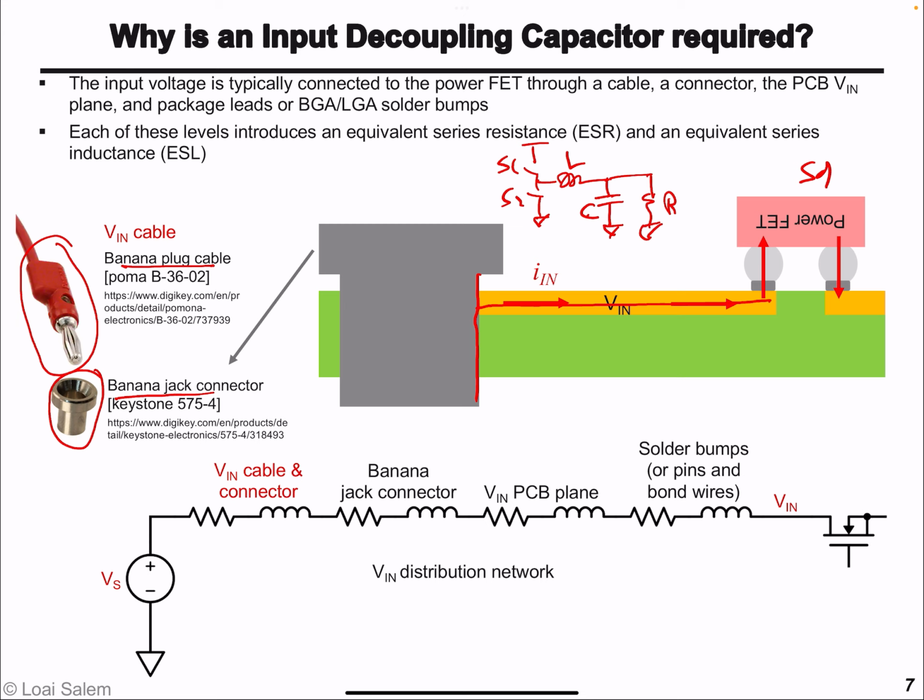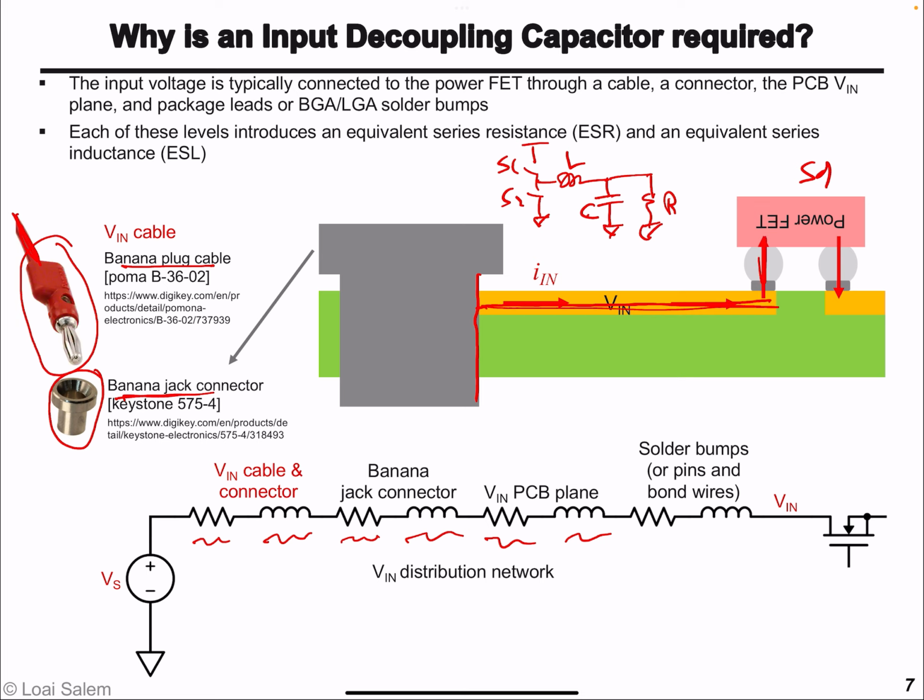The banana cable introduces equivalent series resistance as well as equivalent series inductance. The banana jack also introduces some parasitic resistance and equivalent series inductance. Then the PCB traces or plane will introduce series resistance and series inductance.